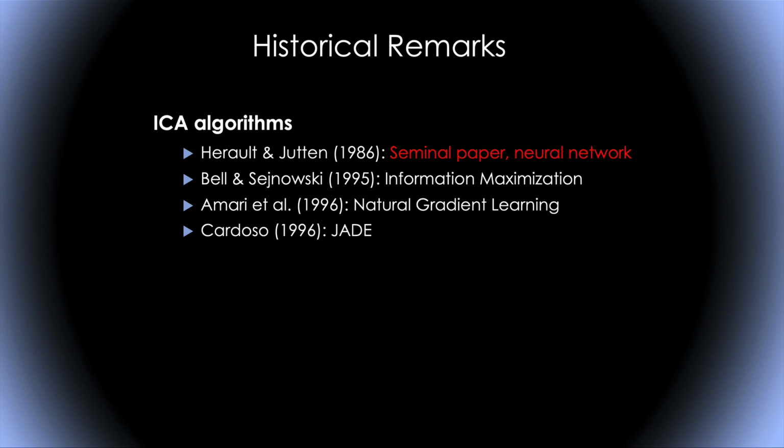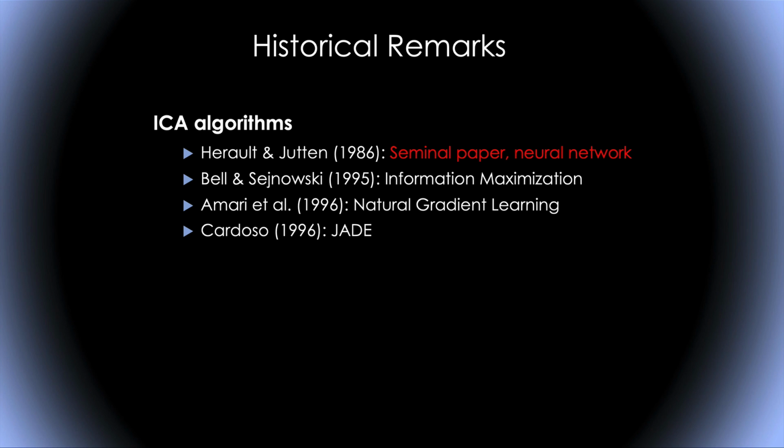So some historical remarks. The first ICA paper was published in 1986 by Herault and Jutten. And then in 1995, we had the first Infomax paper by Bell and Sejnowski. Amari and collaborators added the natural gradient to the Infomax algorithm, and we're going to see that in the next lecture.